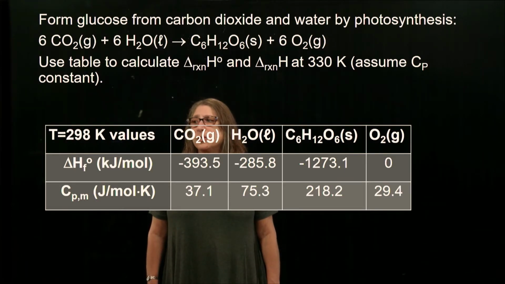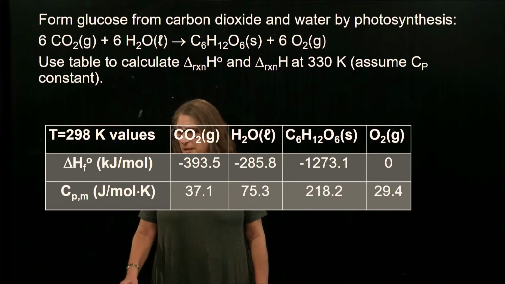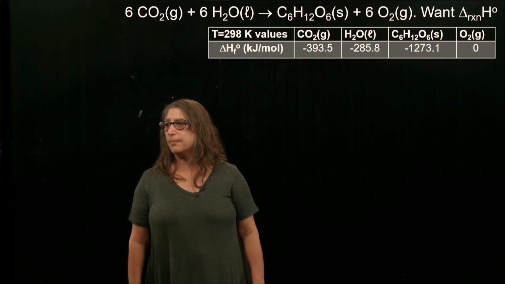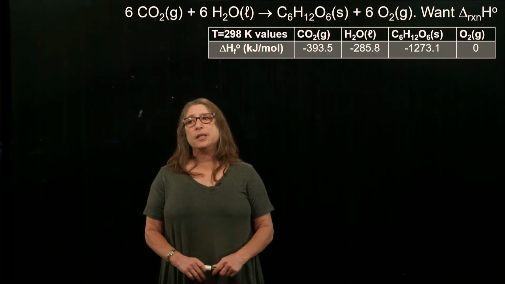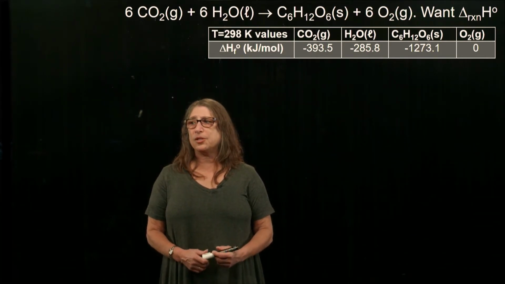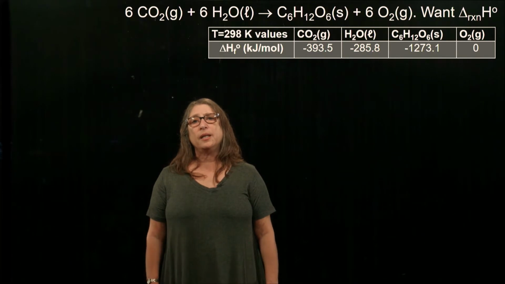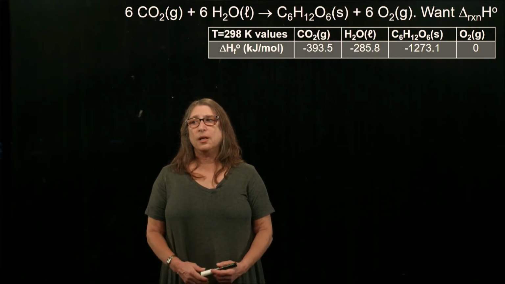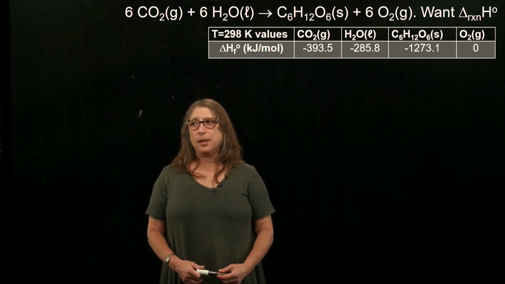You're asked to use the table below to calculate the enthalpy of the reaction under standard conditions and the enthalpy of reaction at 300 Kelvin, assuming that the heat capacity is constant. So the first thing we need to do is find the enthalpy of reaction under standard conditions, and for that we need the enthalpies of formation of the reactants and the products.